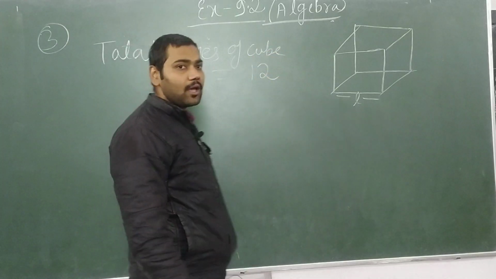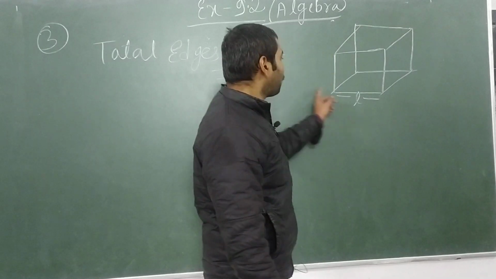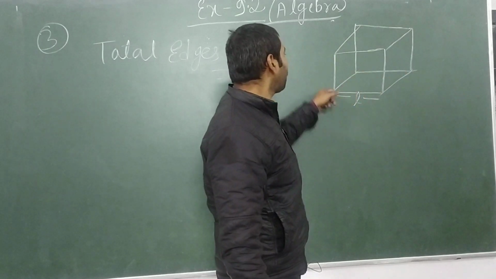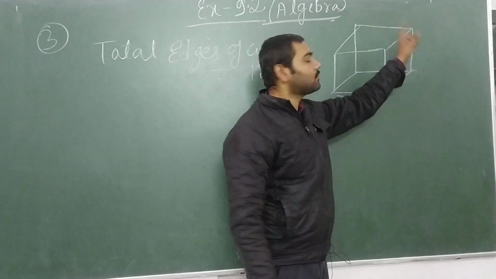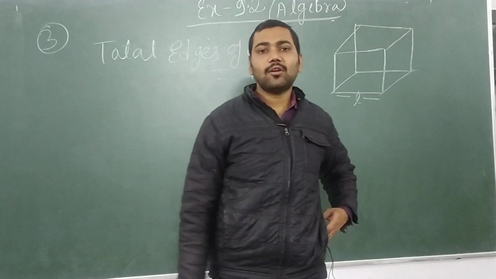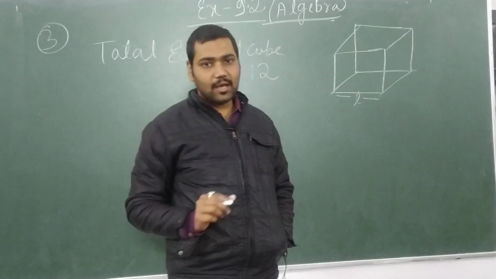How many total edges do we have? 12 total edges. 1 2 3 4 5 6 7 8 9 10 11 and this is 12. Understand all of you? Total 12 edges we have.